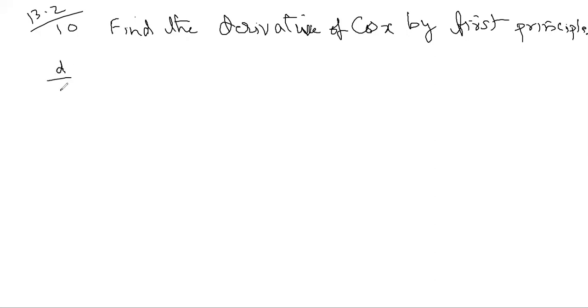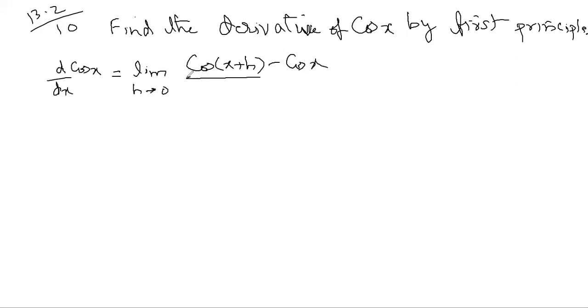d by dx. Just like we have done with sin x, d by dx of cos x will be equal to limit h tending to 0, cos(x plus h) minus cos x divided by h.